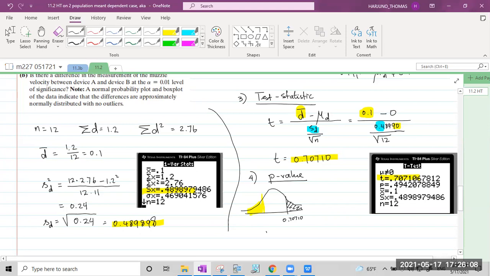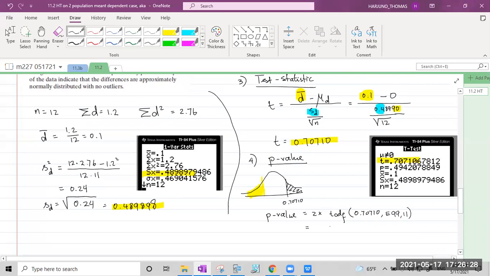So my p-value is 2 times tcdf of 0.70710 to E99, degree of freedom 11. Now, according to what we have on our calculator, the p-value is supposed to be 0.49421, or a little bit off from there.